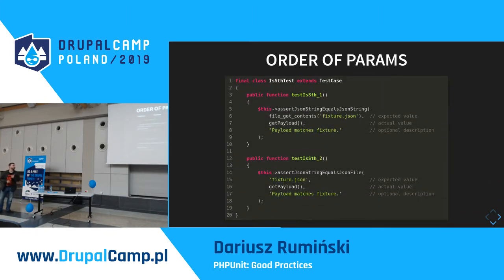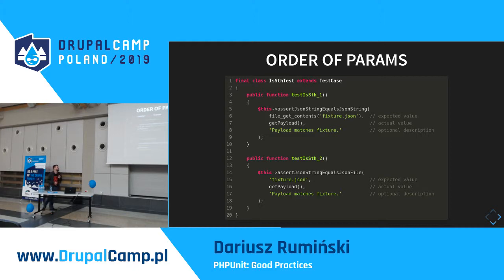Now when we call the assertion, in most cases we have 3 parameters. We have the expected value, we have the actual value, and we have an optional description to be shown if something failed. For most cases, the first 2 values, expected and actual, can be reversed. Everything works.